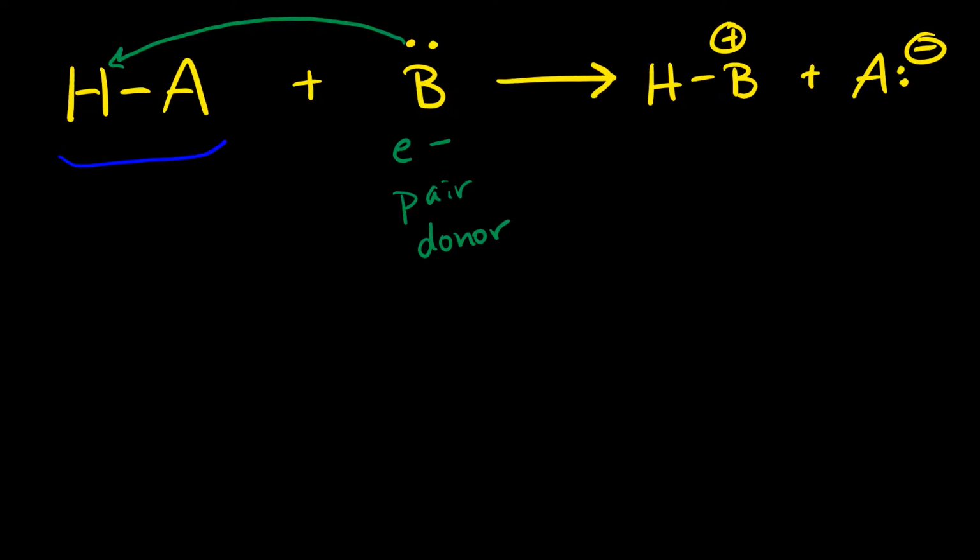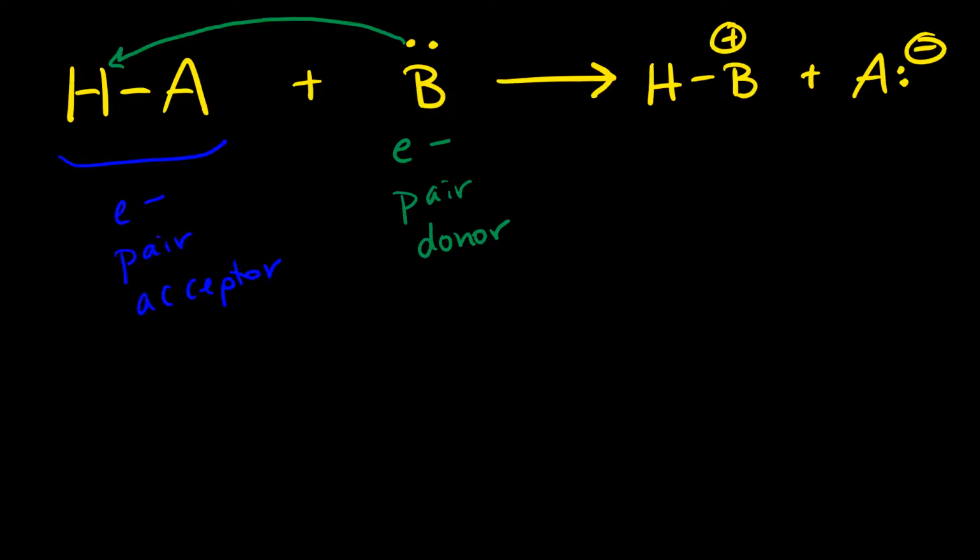And so we're going to say that HA is acting as the electron pair acceptor. And it's really going to be this idea of electron pair donor and electron pair acceptor that we're going to pay the closest attention to when we start studying various reactions throughout the course.